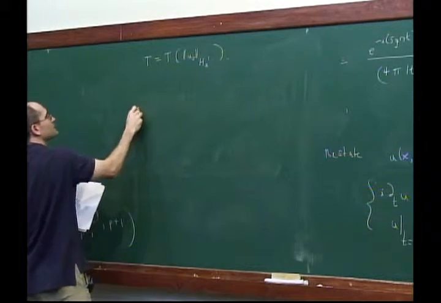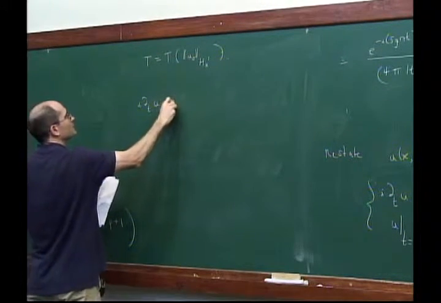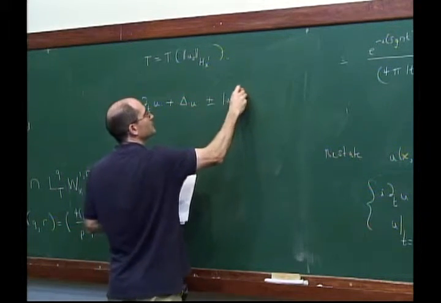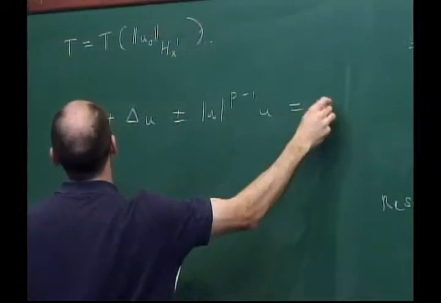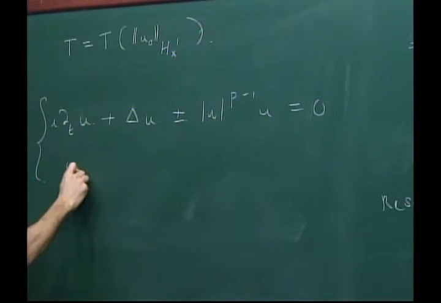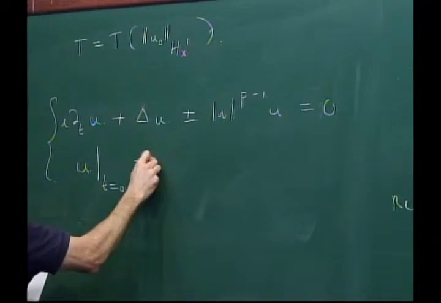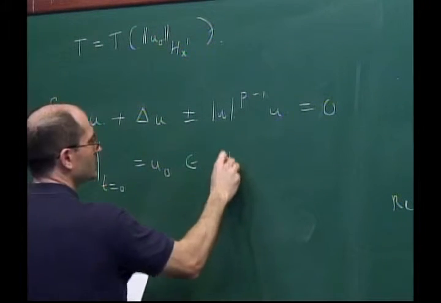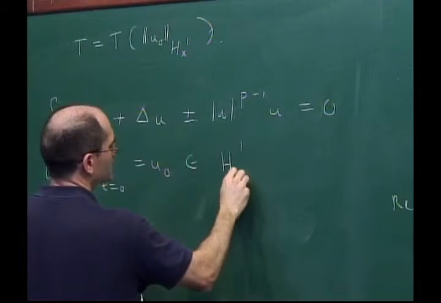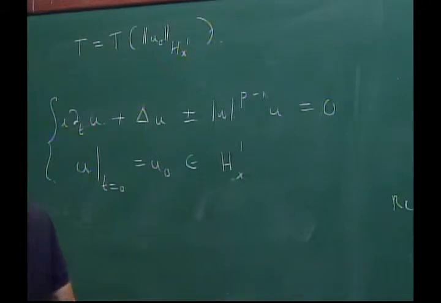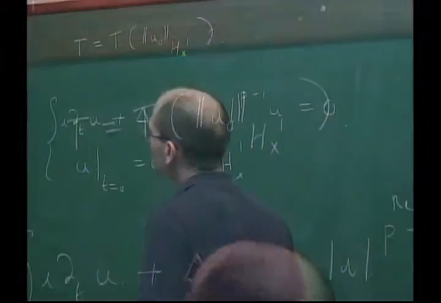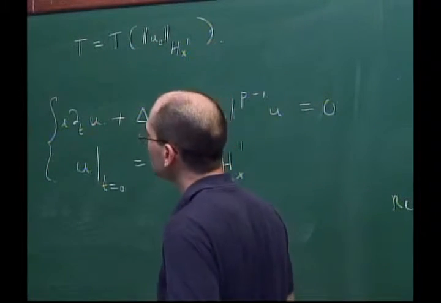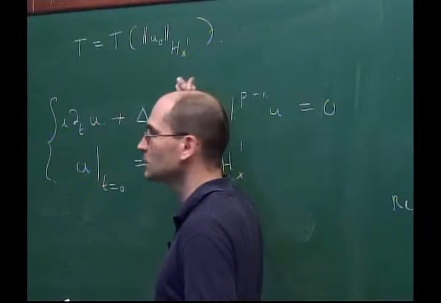So here we're looking at plus or minus, it doesn't matter, for local well-posedness. And we're looking at the initial value problem. So u0 is specified in H1. What we can prove is that given u0 in H1, we choose t accordingly.